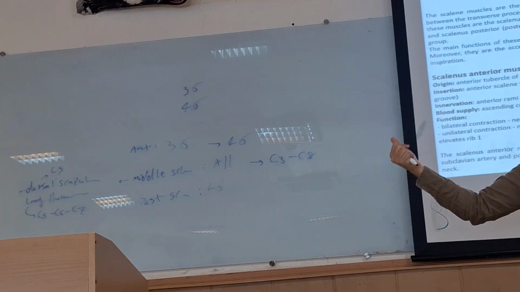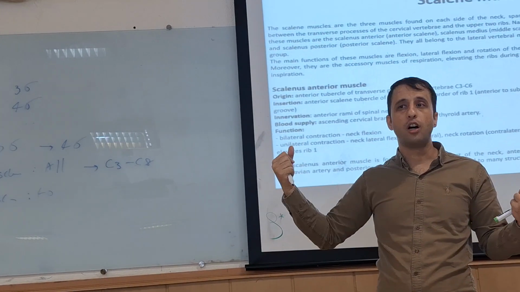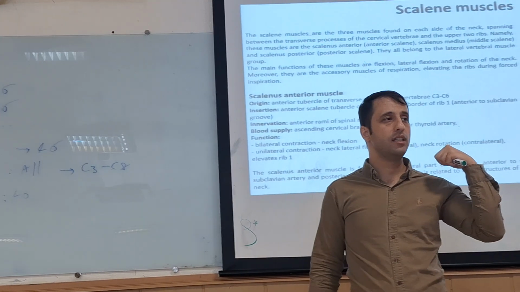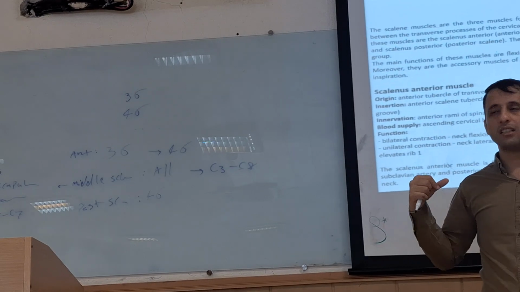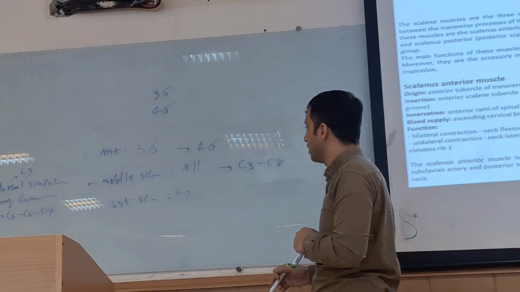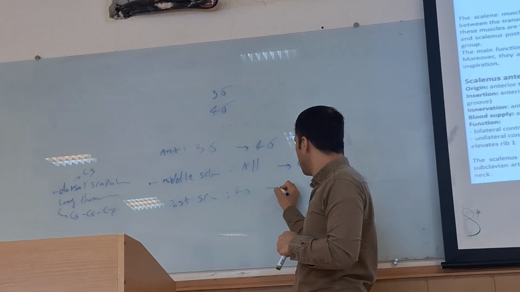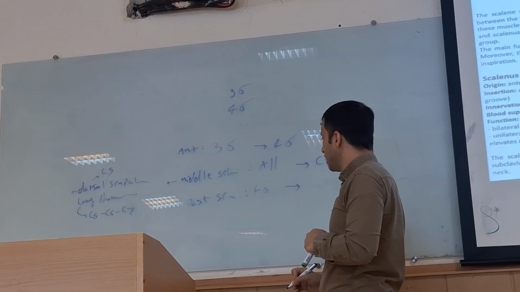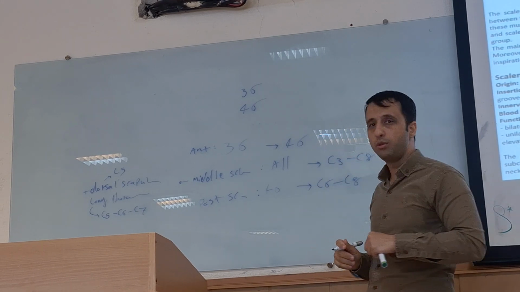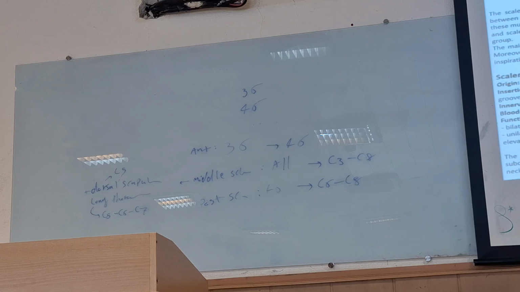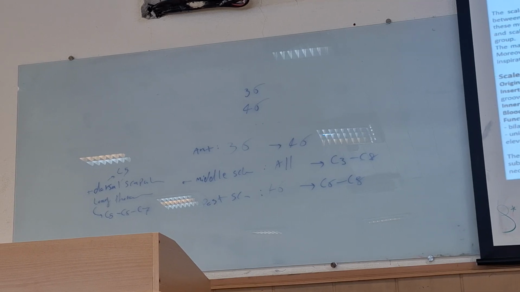It is the origin of posterior scalenus muscle. What is the insertion? External surface, lateral surface of the second rib. It is the insertion of posterior scalene. Okay? What is the innervation of posterior scalene? C6 to C8. Yes. C6 to C8 is the innervation of posterior scalene muscle.